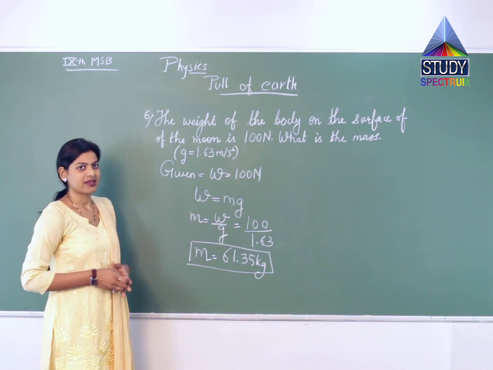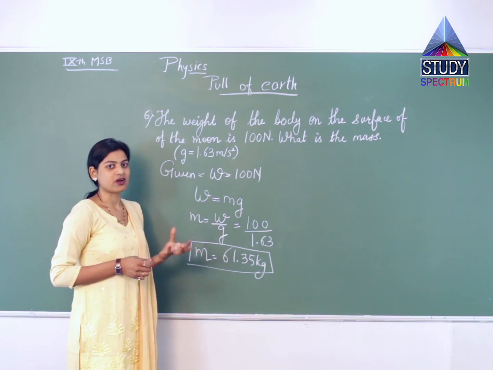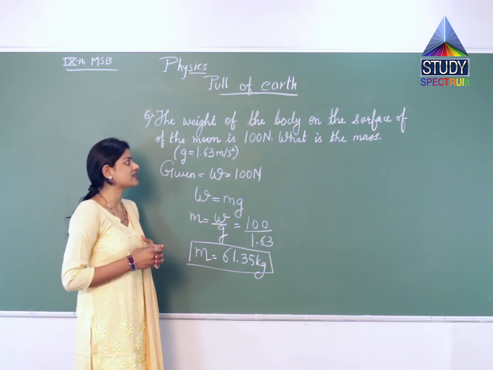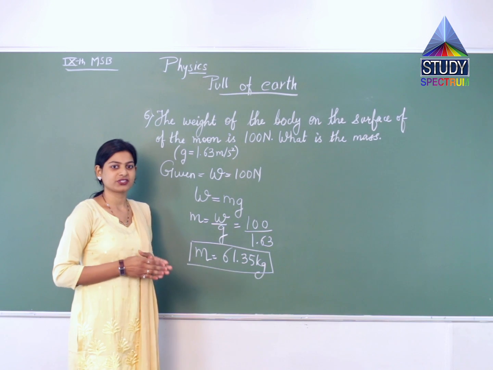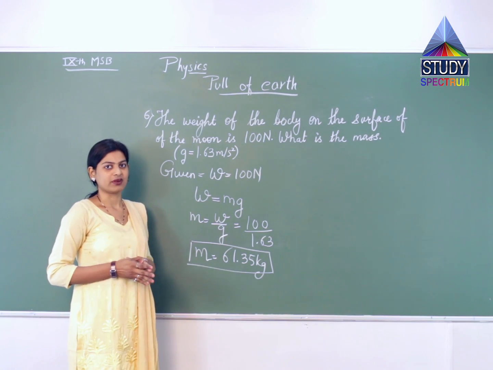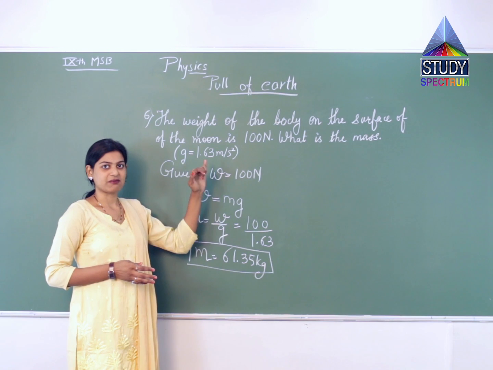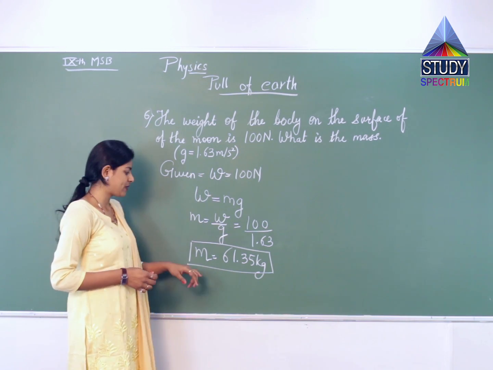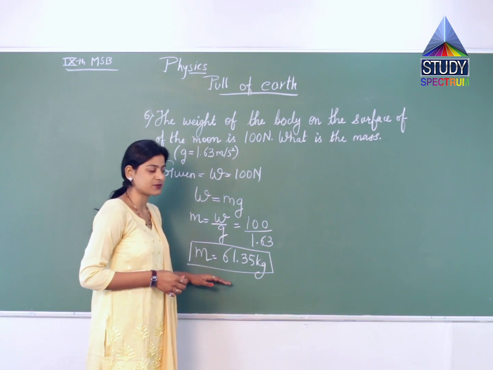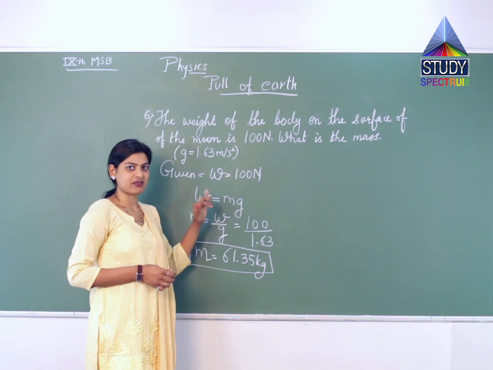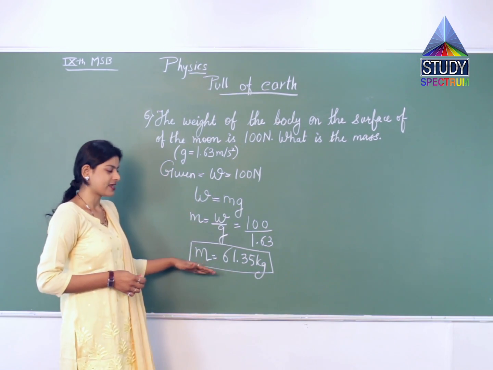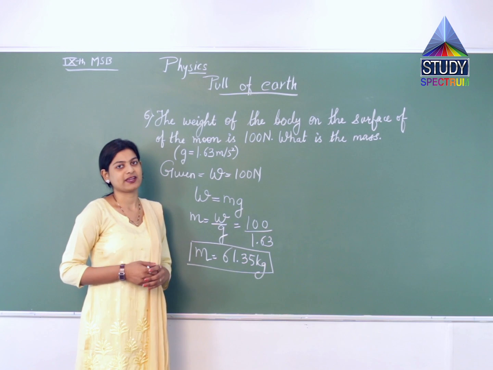So we can say that if the weight of a body on the surface of the moon is 100 Newton, the acceleration due to gravity will be 1.63 meter per second square, and hence, using the relation W is equal to mg, the mass of the body is 61.35 kg.